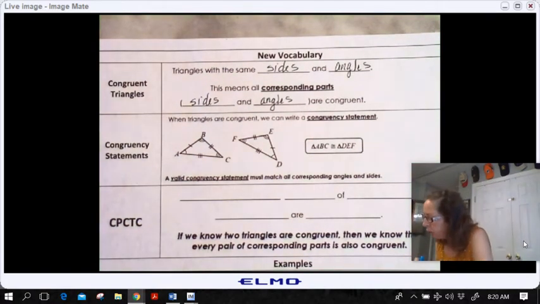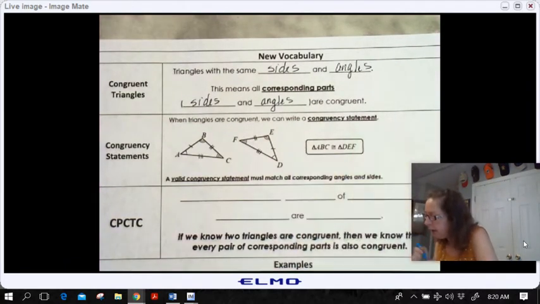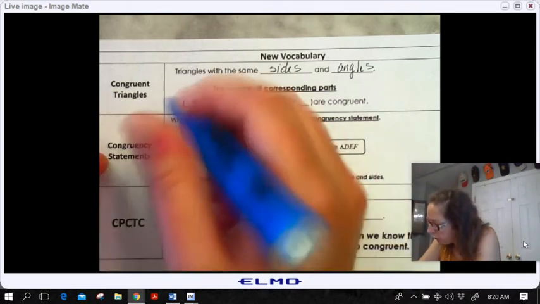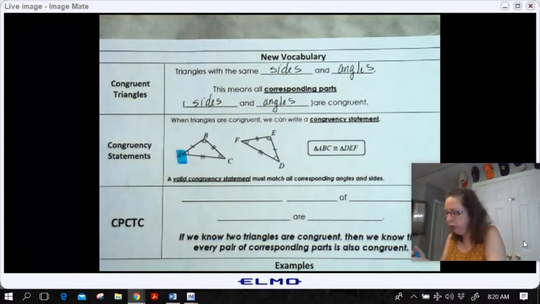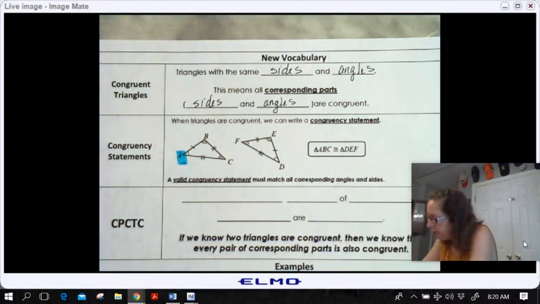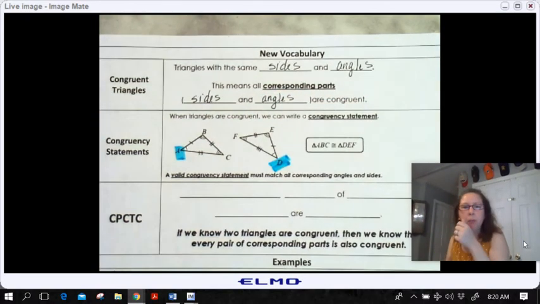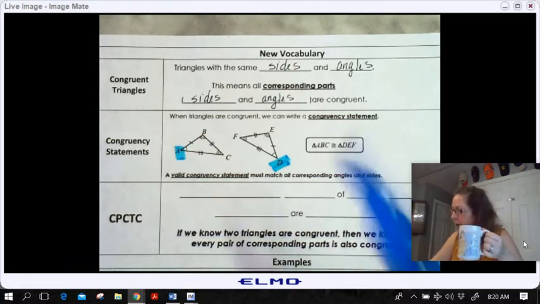So you will need to recognize triangle ABC, the A comes first, is congruent to triangle DEF, the D comes first. And that's kind of how we match up which angle comes first in each triangle. You can also tell by looking at the tally marks.